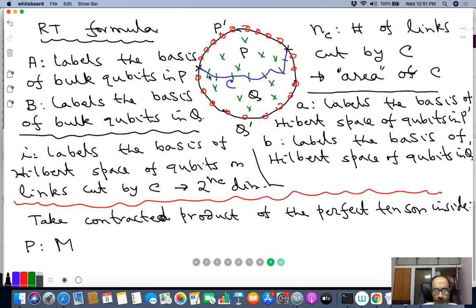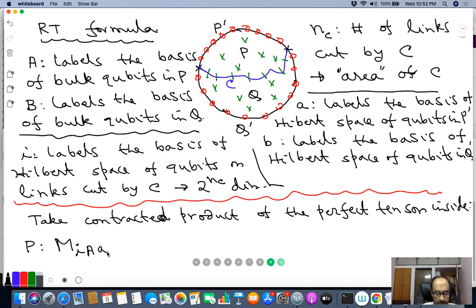The free indices will be I, right? Because these are free indices. These links are not contracted or anything. So MI. The bulk indices are free. These are not contracted or anything. So let's call this A. And the boundary indices are also free.